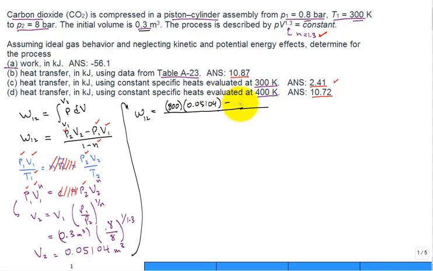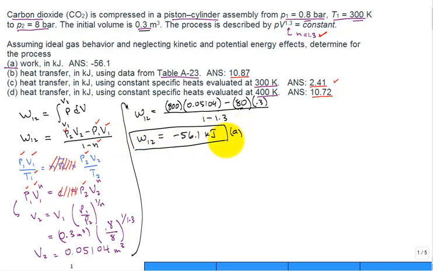We have the pressure of 80 kilopascal times the 0.3, and we divide by 1 minus 1.3, and the units work out, and we get the work 1 to 2 is negative 56.1 kilojoules. Why is it negative? Well, because it's being compressed. And so from the perspective of the carbon dioxide, it's work into the system, not positive work out.